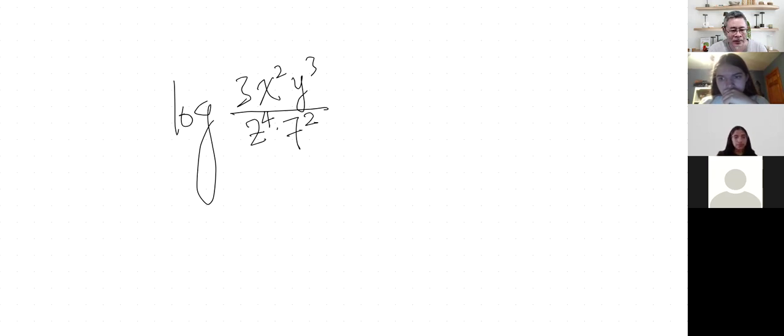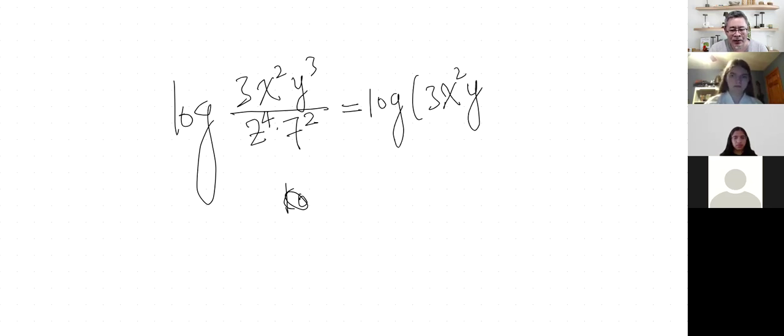Jet, you forgot to move the exponent out. So we got log 3x squared y to the third minus log z to the fourth times 7 squared.